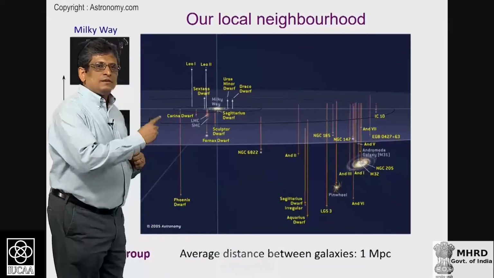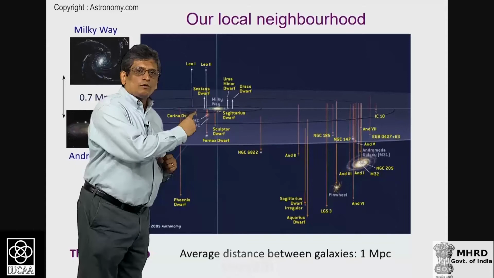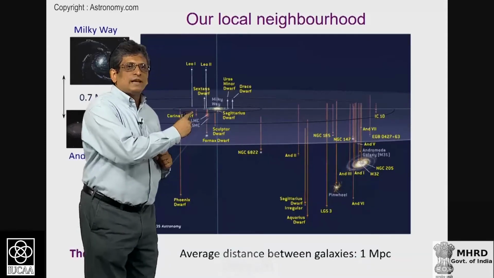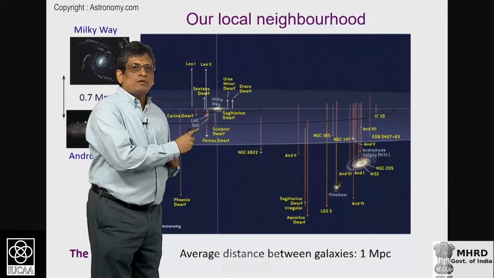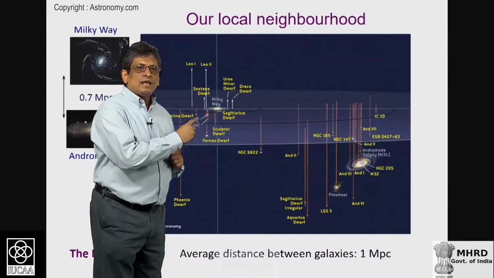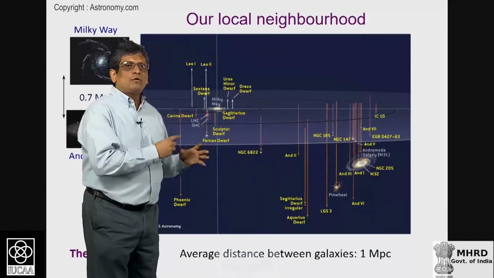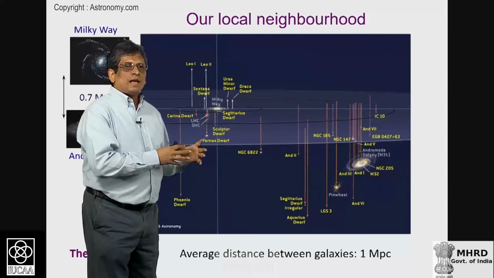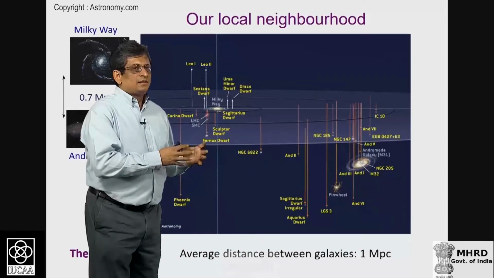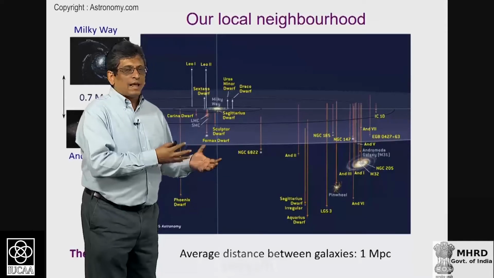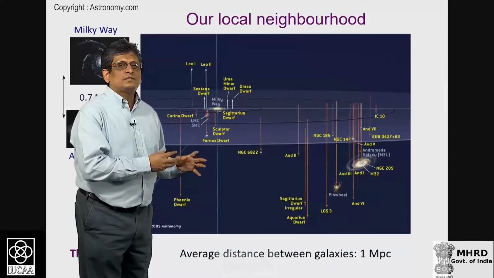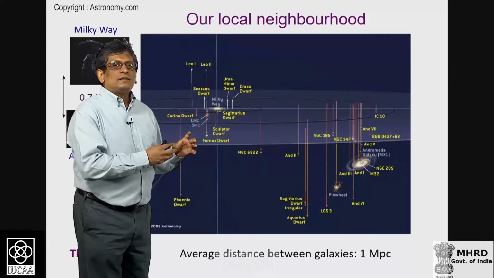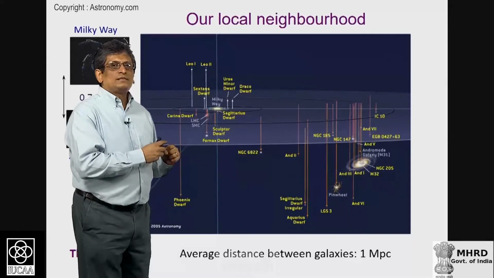So for example, here is the Milky Way with some of the prominent satellites marked, and you can see the two Magellanic Clouds, which we have already seen, marked here, as well as some of the other galaxies. These are all much, much smaller than the Milky Way, just like satellites are for planets. These are called satellite galaxies. There are moon galaxies. They're much smaller, and we often call them dwarf galaxies.